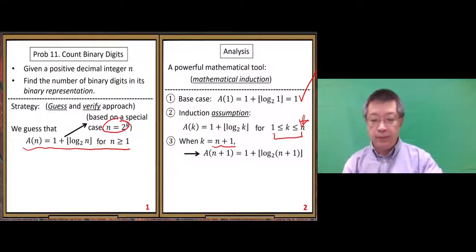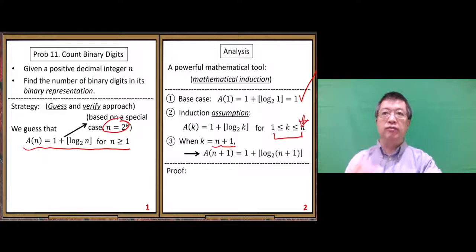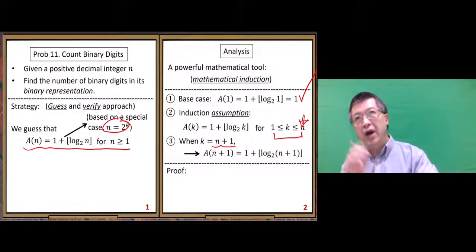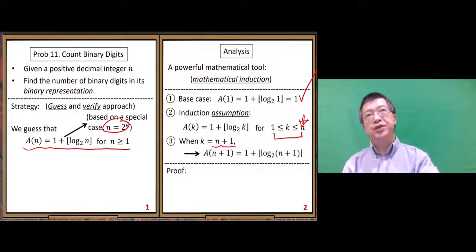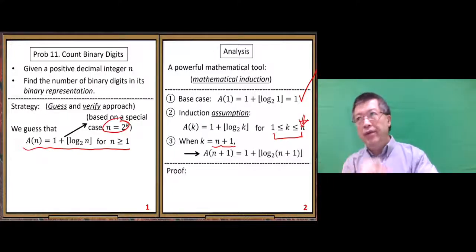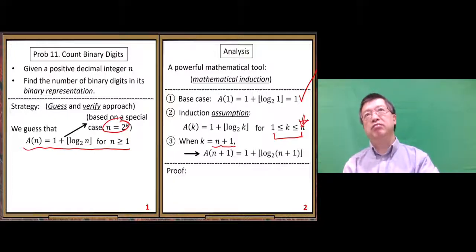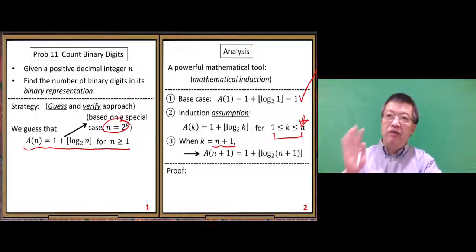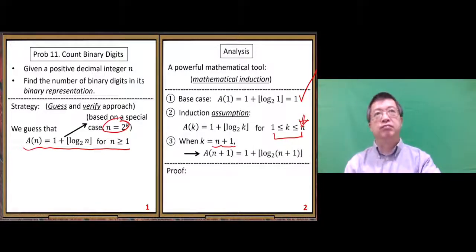All right, let's start the proof. The proof is a little hard. Here we need to use a lot of math related to the logarithm and the floor function. Mainly we use formulas for these two functions. In the proof, we divide it into 2 halves.